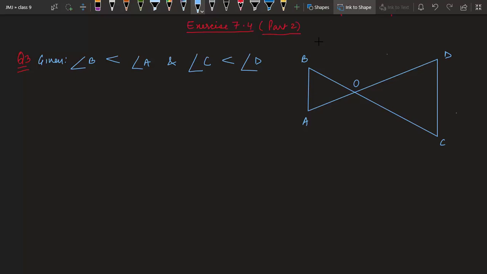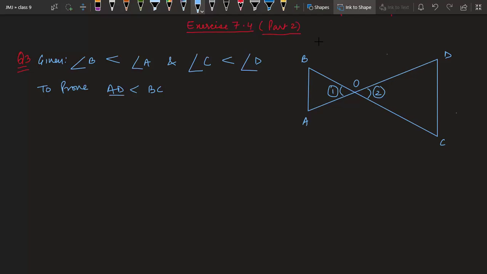Suppose this angle O is being shared, so we can call it 1 and 2. Others are not being shared, so we can call them angle B, A, C, D. Now we have to prove AD is less than BC.